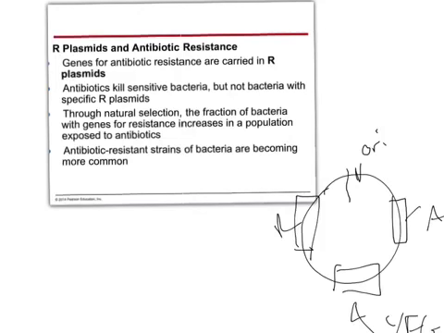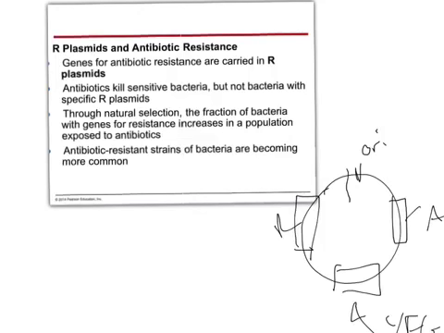So if you have a gene for a beta-lactamase, which breaks down penicillin, that cell is now resistant to ampicillin, and you can use that as a selection tool. Antibiotics kill sensitive bacteria, but not bacteria with the specific resistant plasmids. And then you have natural selection.